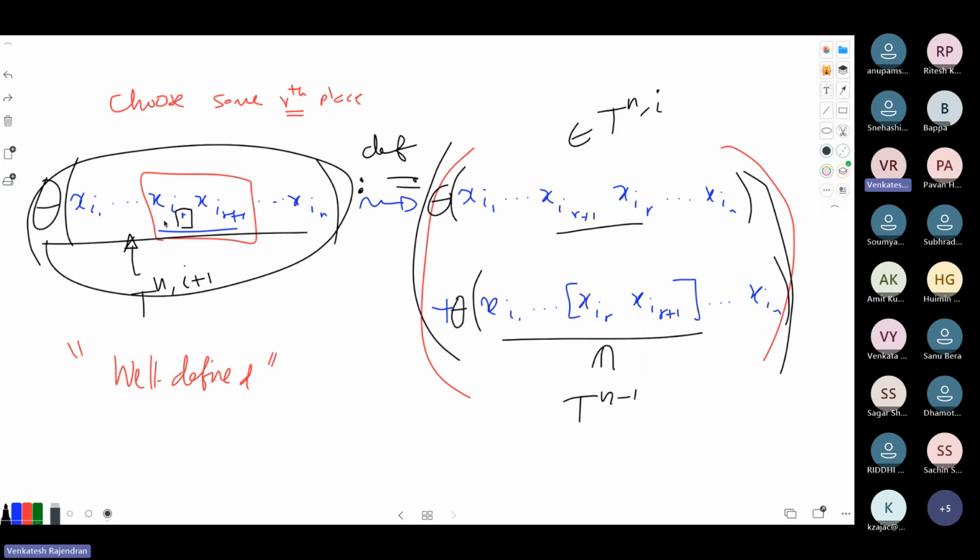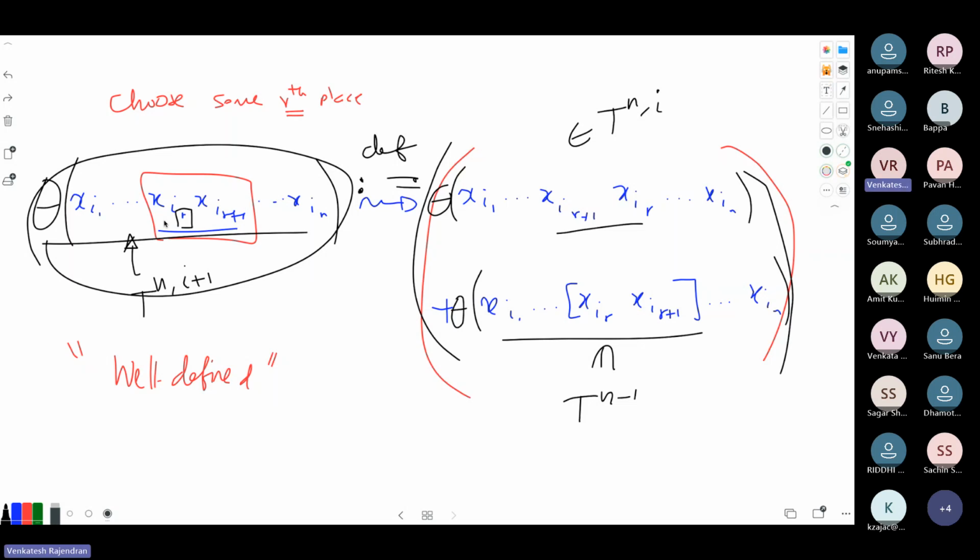The r that you have chosen is any place for which the switch happens, so you can also come up with another position where a switch can happen. Then you have to say this definition is independent of the place that you switch.